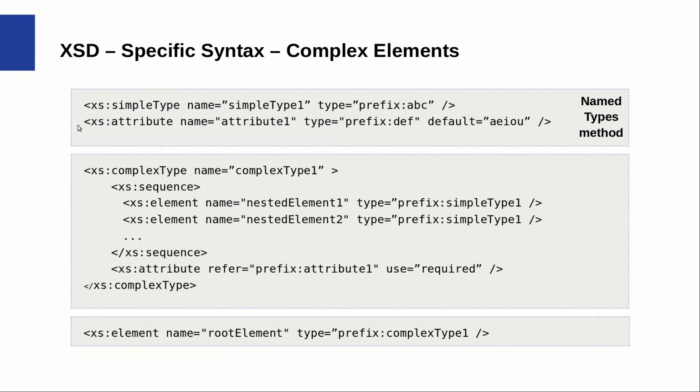And then for the attribute, it's the same as with divided method. You just declare the attribute completely and globally for being referred later from inside the complex type.